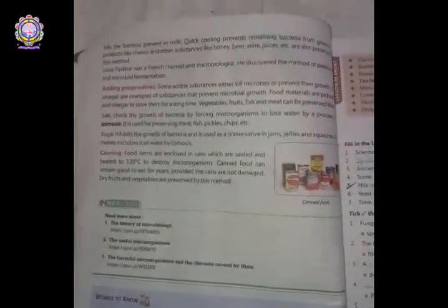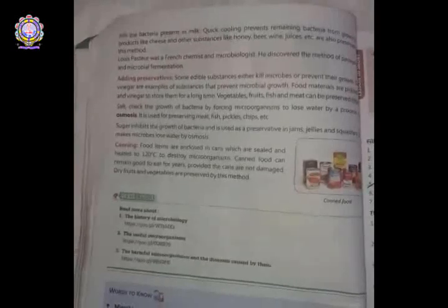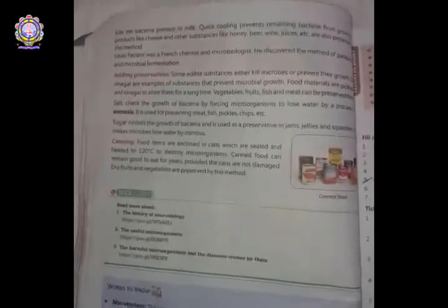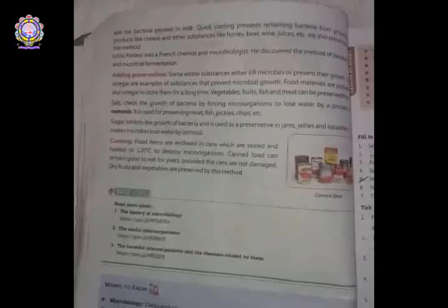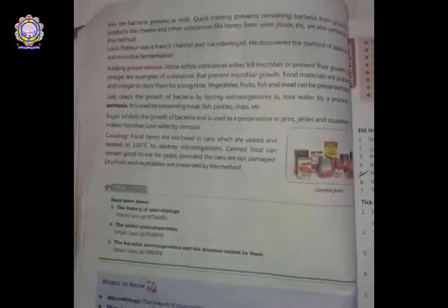Right now, question first is, write some bacterial diseases which are caused in animals. Next, which viral disease is a very dangerous condition these days.